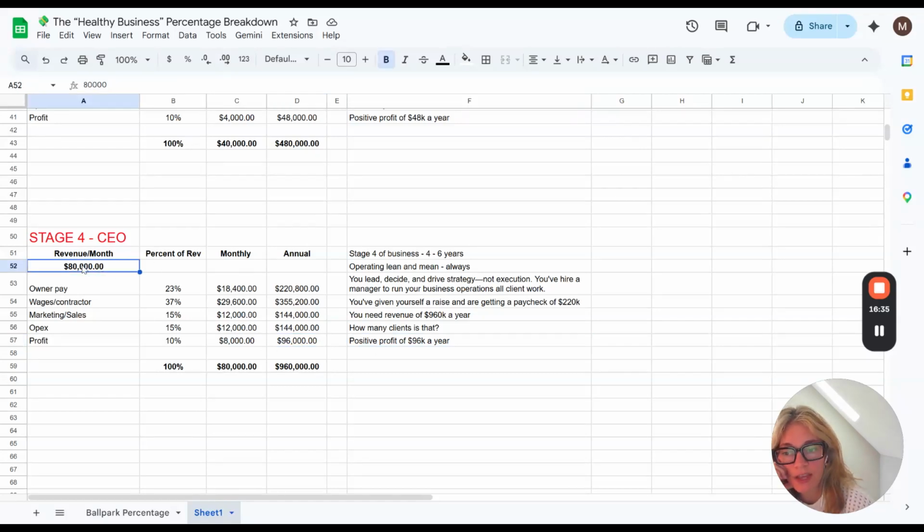So this requires $80,000 in revenue per month. So again, that could be anywhere from $81,000 a month clients, $42,000 a month clients, $24,000 a month client. I had to think there for a second about that one. It just really depends. As your business grows, your service offerings are going to grow.